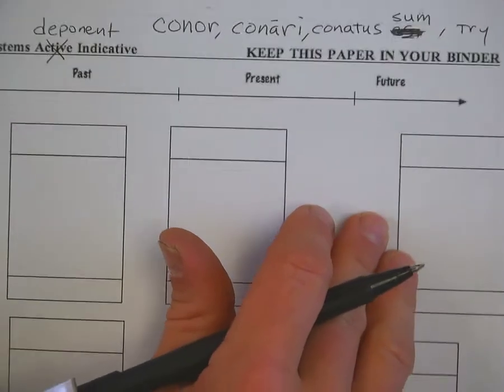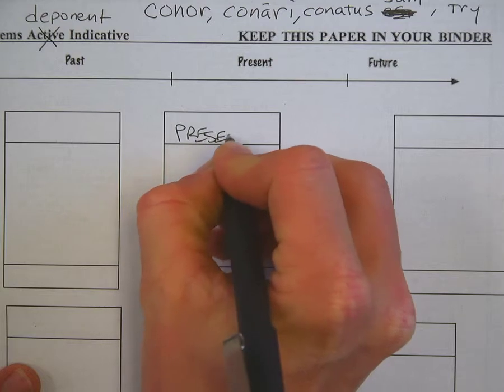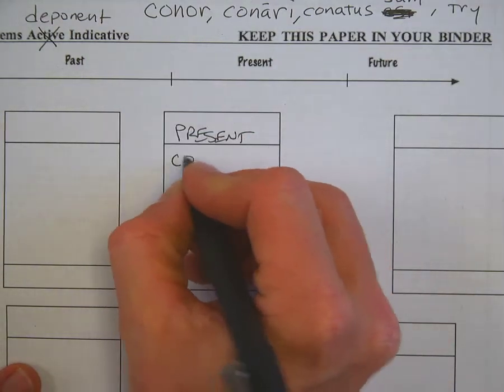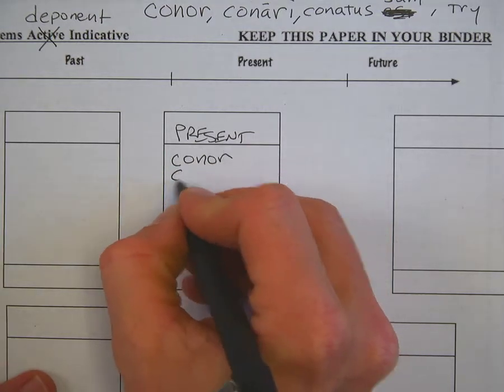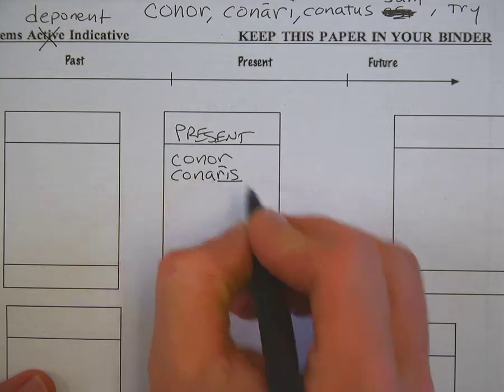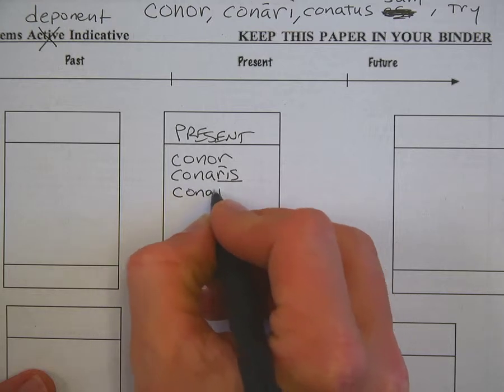Okay? So in present tense, if we're going to say I try, you say conor, which comes from the first principal part. If you're going to say you try, it's conaris. Notice I'm using passive endings here, eris, tur. If it's he tries, it's conatur.